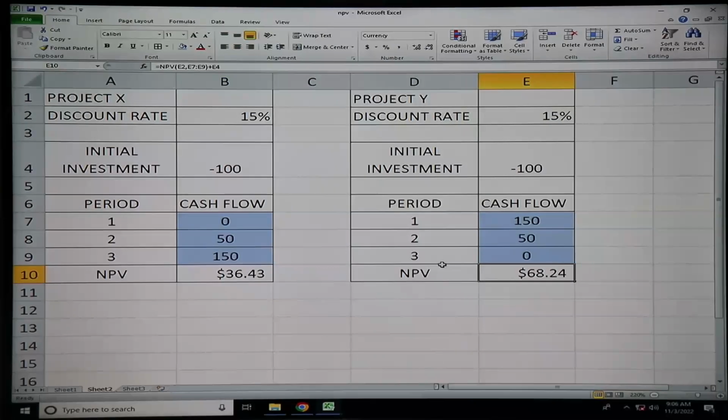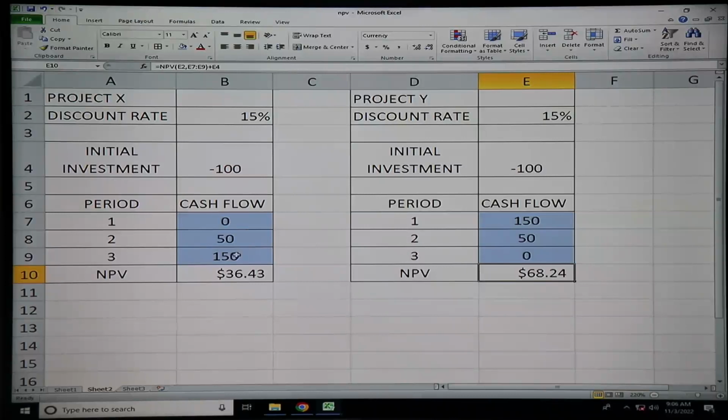Money expected at the end of your investment period is not better than the one that gives that return at the beginning. So that is the difference between the two.